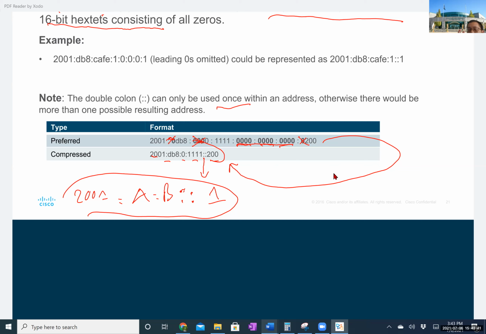Now see, 4. Yeah, right. In total, you have 8 groups. So this one is 1 group, the second one, the third one, and the fourth one here. And if you look at this, you only have 4 groups here. So you understand that actually this one is 4 groups of continuous 0 here.